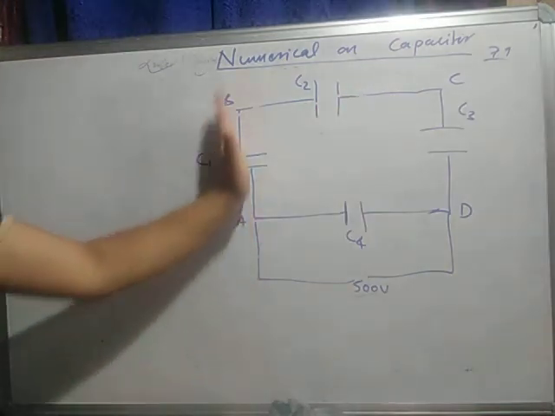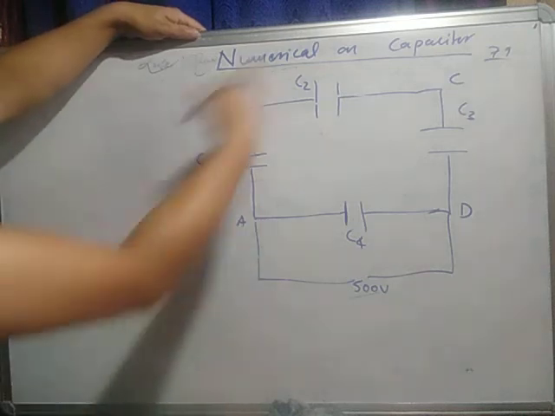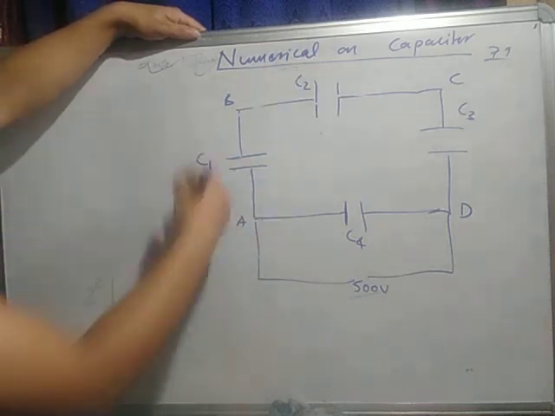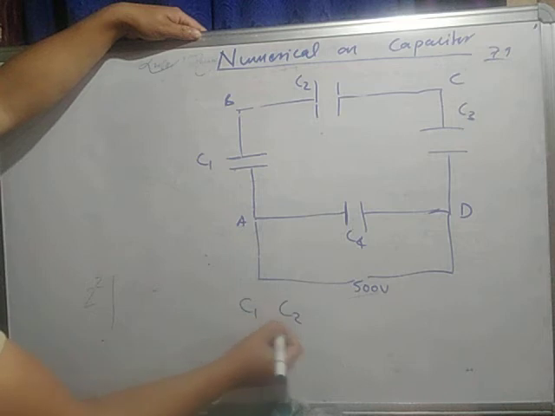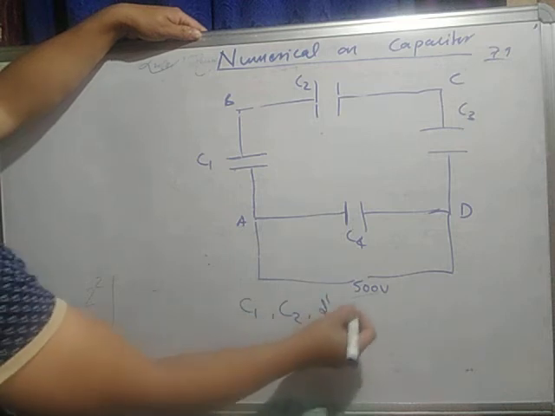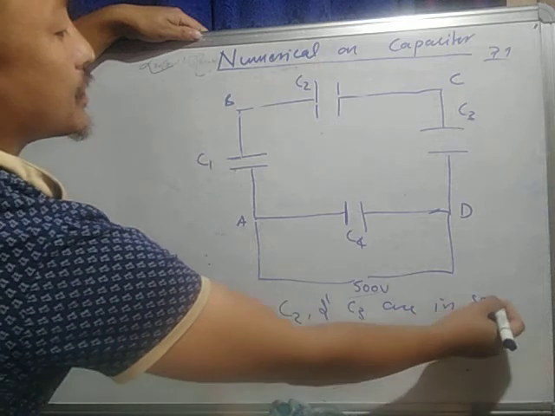So first find this part, this equivalent capacitance. This is in series, isn't it? So write down C1, C2 and C3 are in series.